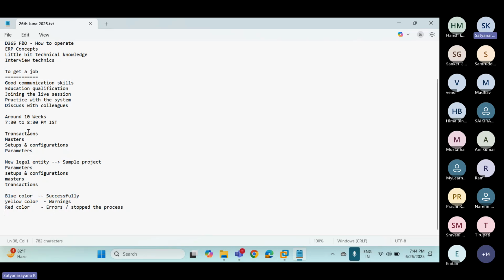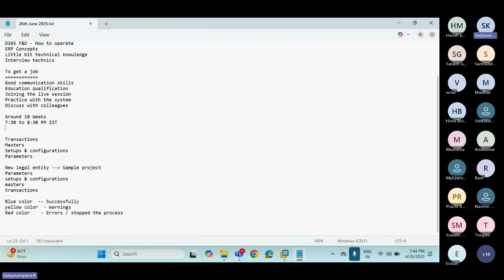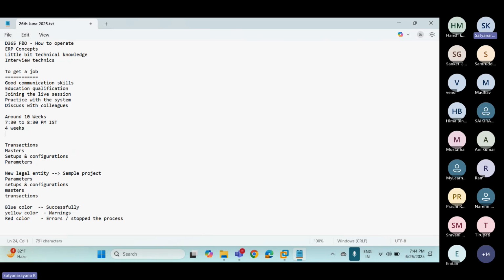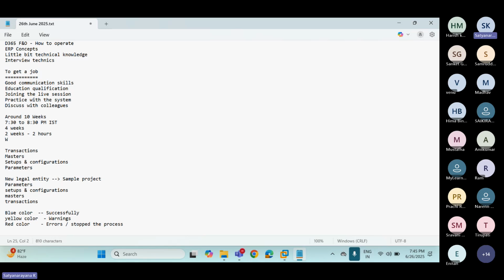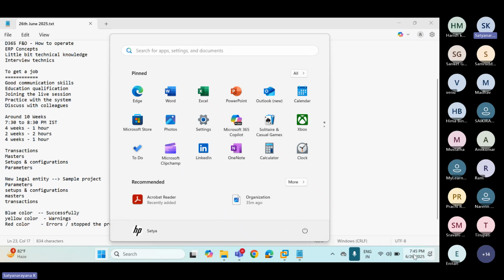Okay, and the timings, as I told you: it is 4 weeks, 1 hour. Next 2 weeks, it is 2 hours. And then next 4 weeks, 1 hour. Initially 4 weeks means today the session started.